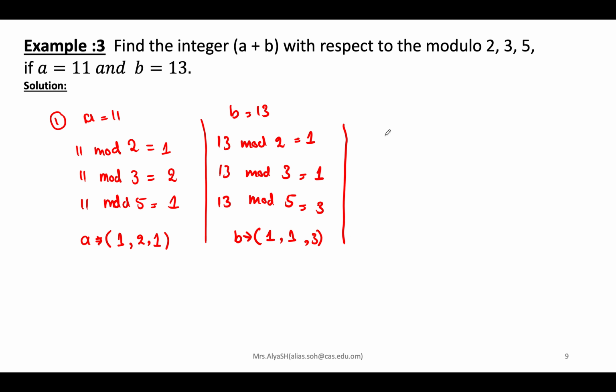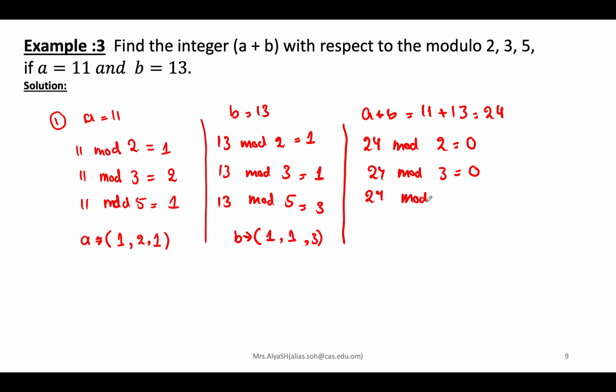Now to find a plus b, and this is equal to 11 plus 13, it is 24. Then we need to find 24 mod 2, which is 0, 24 mod 3, which is also 0, and finally 24 mod 5 equals 4.